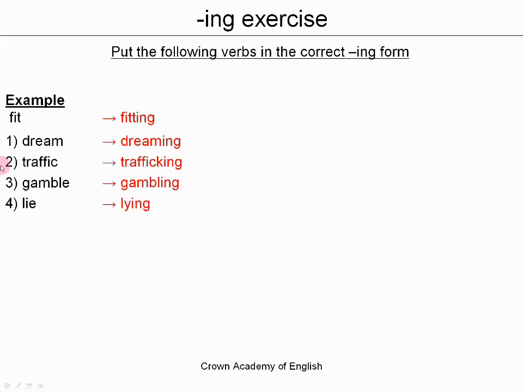Lie becomes lying. The verb ends in the letters I and E. So we change the IE to Y, and then we add ing. Question 5.